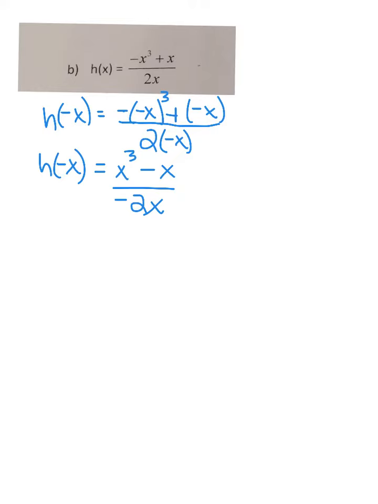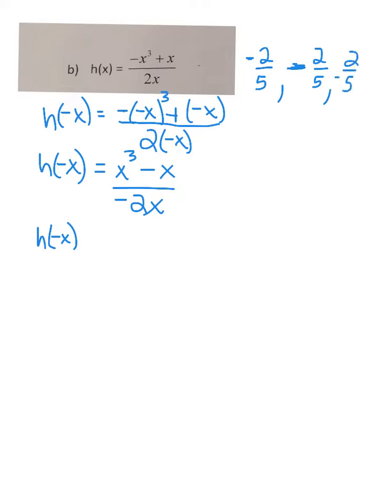So there's a bunch of ways that we can go about this, but in my next step, I want to take my h of negative x. And you know how when you have a fraction, if I have negative 2 over 5, I could write that negative in between the fraction, or I could write that negative in the denominator, couldn't I?